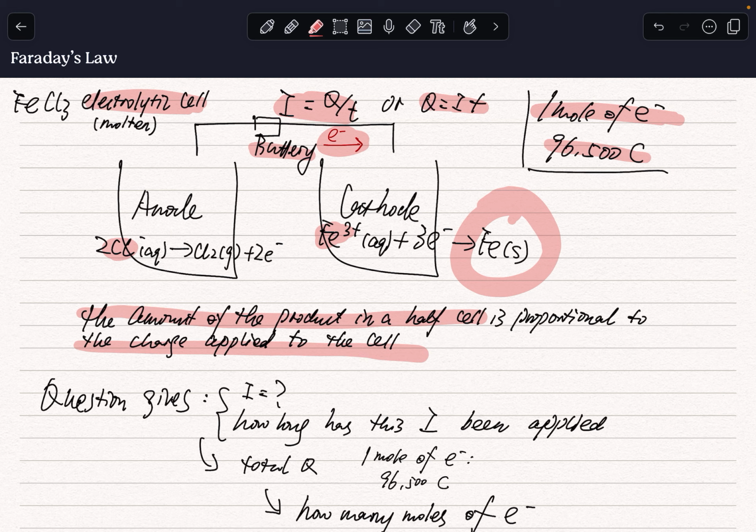Because it's the electrons that are flowing in this apparatus, okay? So we really just need to know how many moles of electrons are flowing in this setup. Then we will figure out the moles of the product, because there's this stoichiometry relationship of 3 moles of electrons that produces 1 mole of my product, okay?